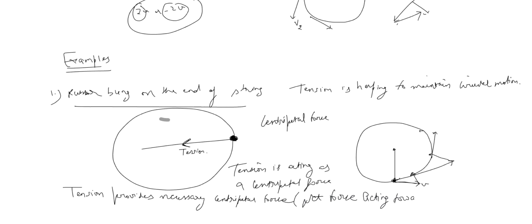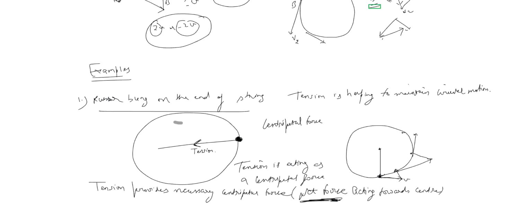This is the most important point that I have written, the net force, because sometimes when we solve questions, we have to consider this fact and write the net force acting towards the center. So the net force acting toward the center is the centripetal force.